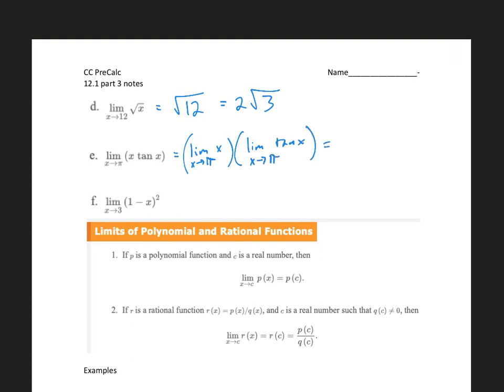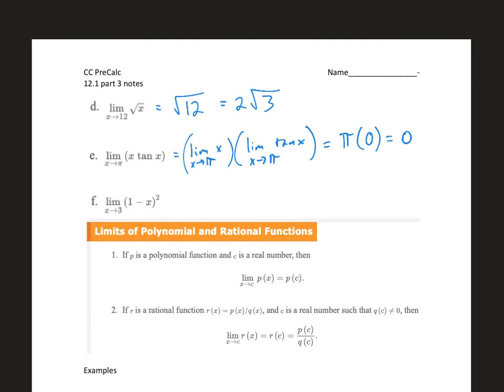So the limit of x as x approaches pi, that's just pi. The limit of the tangent of x as x approaches pi. So remember, tangent is sine over cosine. So at pi, sine is 0, cosine is -1. So tangent is 0. 0 times pi is just 0.